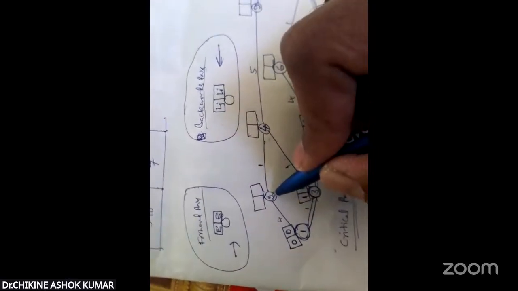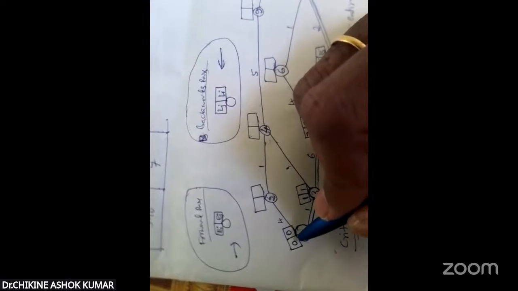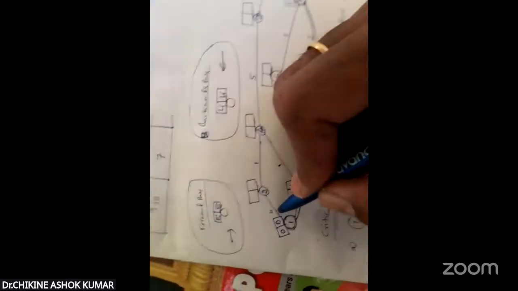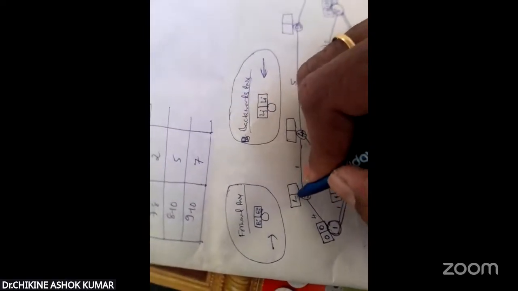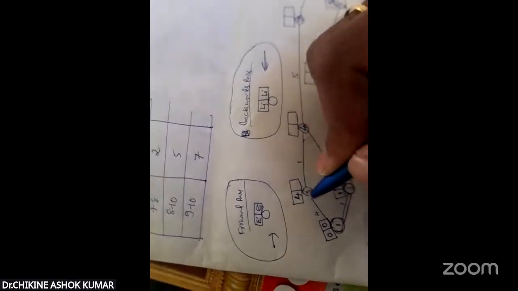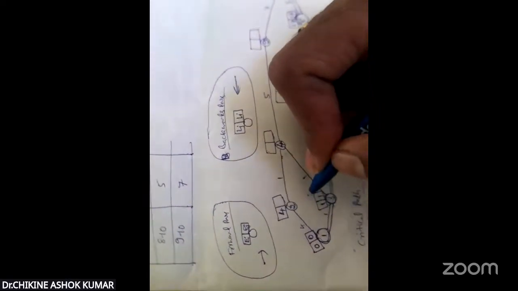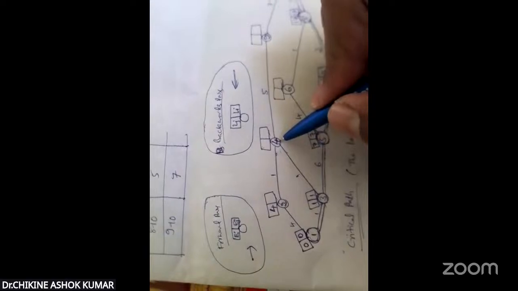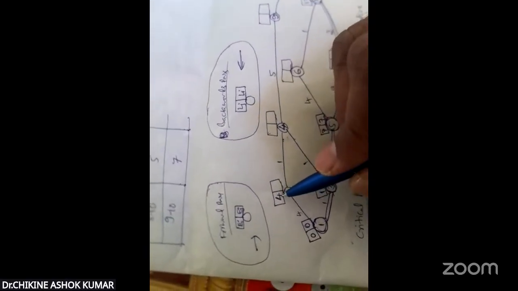1 to 2. Already 0 hours, it is the beginning, 0. So 1 to 2 has taken 4 hours. So 0 plus 4, right here, 4 hours. To start with 1 and reach 2, it has taken totally 4 hours. Next, 2 to 4. 2 to 4 has taken 1 hour, but already 4 hours are completed.